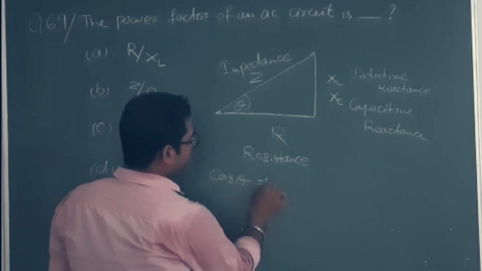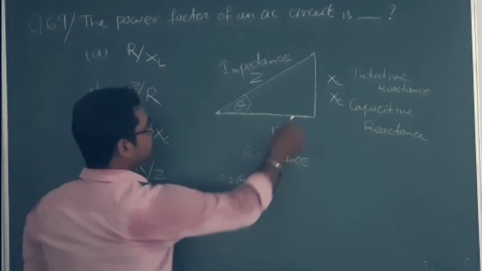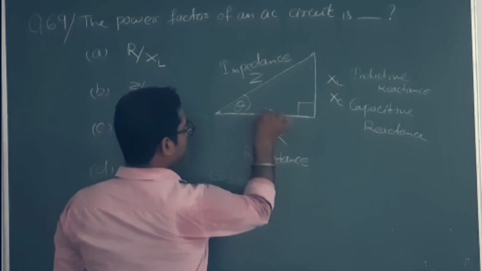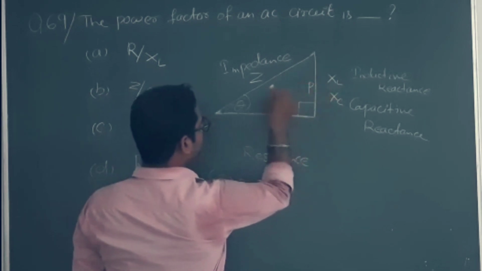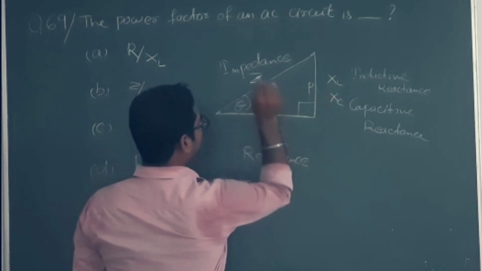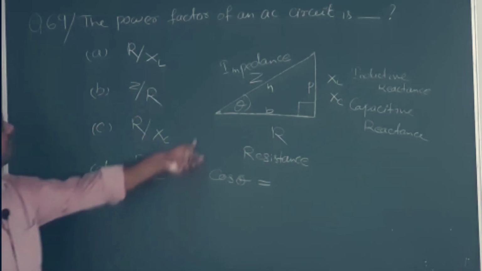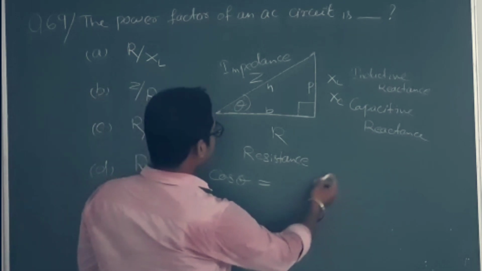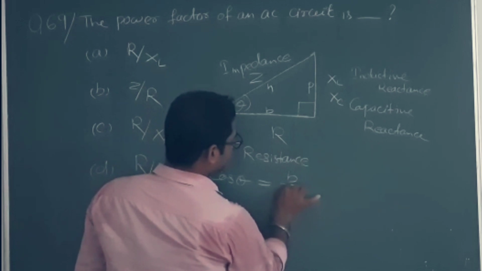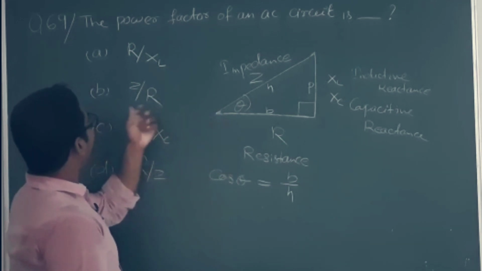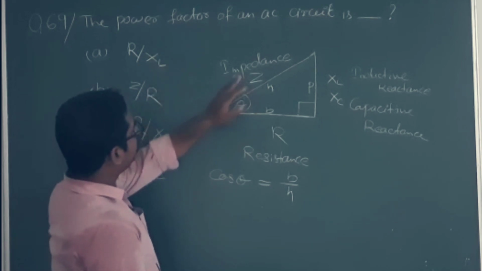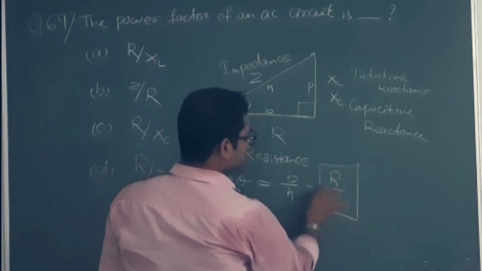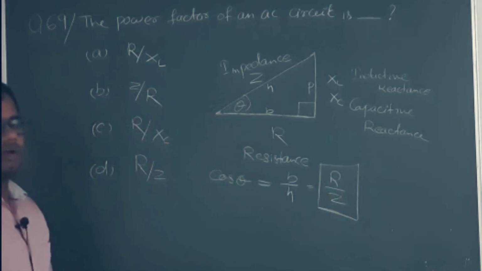So the cos theta value, if it is a right angle triangle, this will be the base B, this will be the perpendicular P, and this is the hypotenuse H. So for cos theta, the trigonometric formula is B by H. So the B value will be R and H value will be Z. So cos theta will be R by Z. This is the expression for cos theta or power factor.